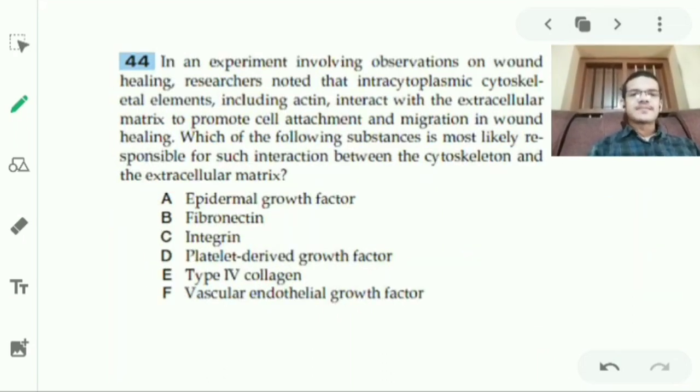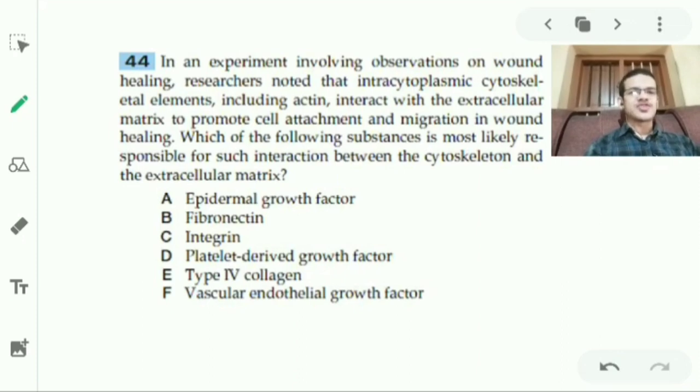The next question. In an experiment involving observations on wound healing, researchers noted that intracytoplasmic cytoskeletal elements, including actin, that is the elements which give the cell the strength, it's a framework, interact with the extracellular matrix proteins to promote cell attachment and migration.